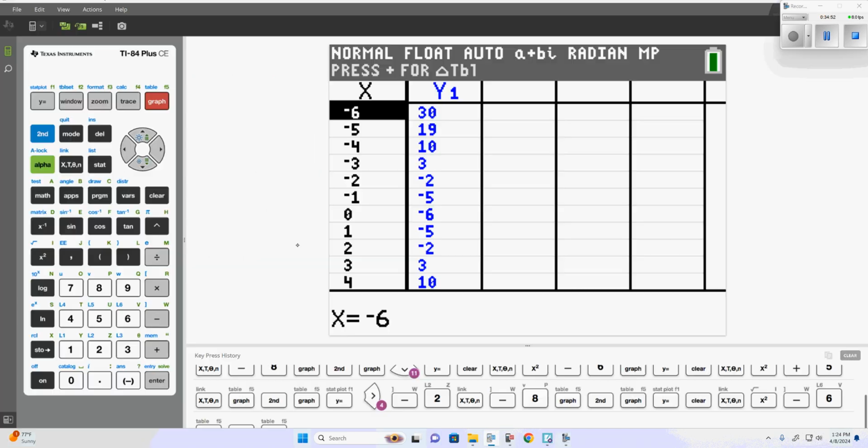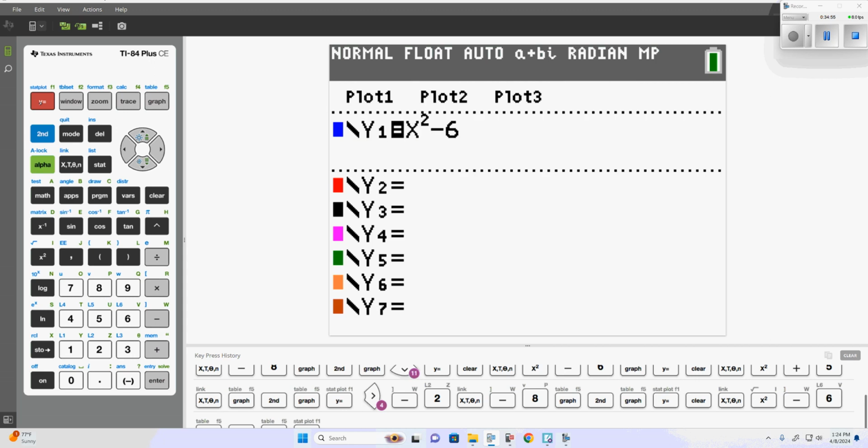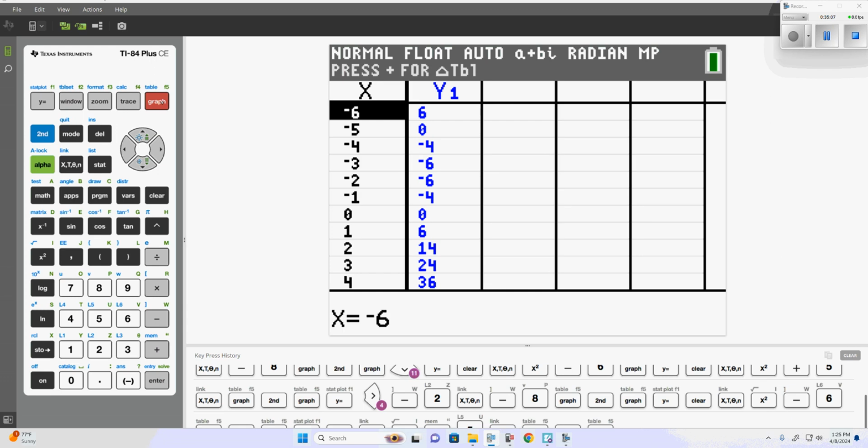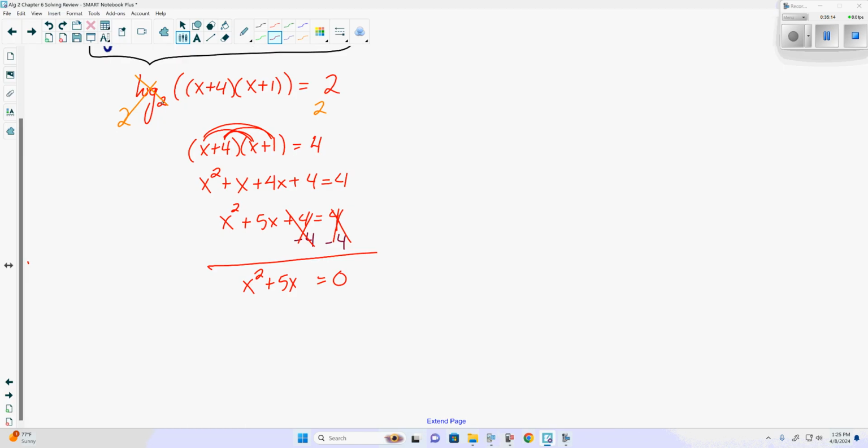I would prefer to just graph. And all the ones on the test are graphable and are nice, because we do get two nice solutions here. Their solutions are -5 and 0. So the two solutions for this are x is equal to -5 and x is equal to 0.